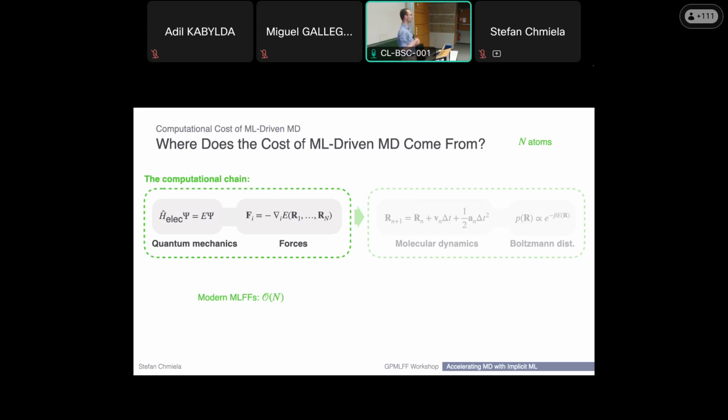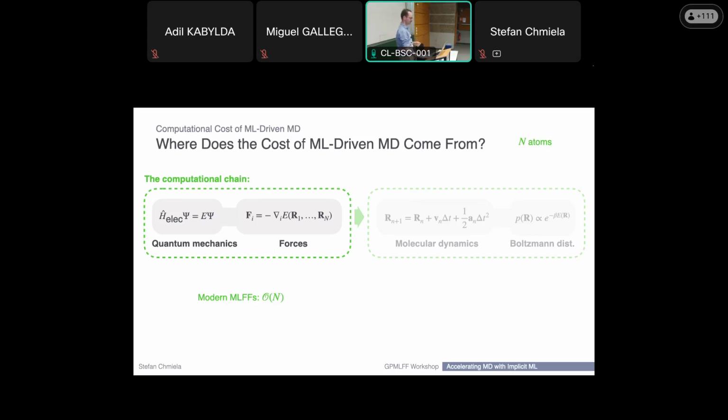In this computational chain, we used to ignore the simulation part because it used to be the cheap part. But nowadays, we're at this interesting crossing point where the cost of force computation, being linear, is in the same complexity class as the cost of the simulation.